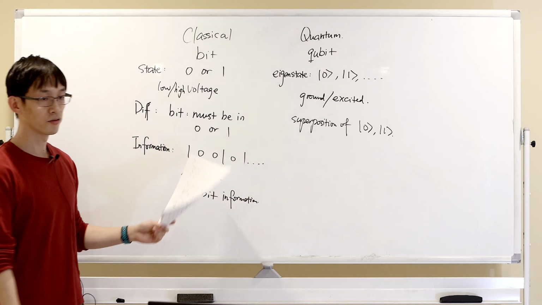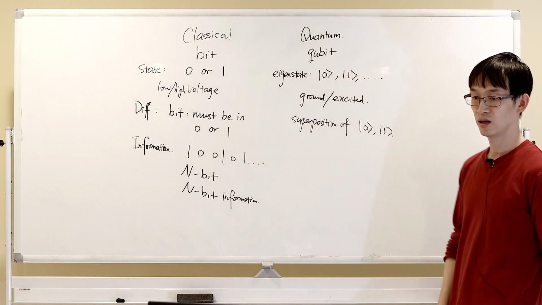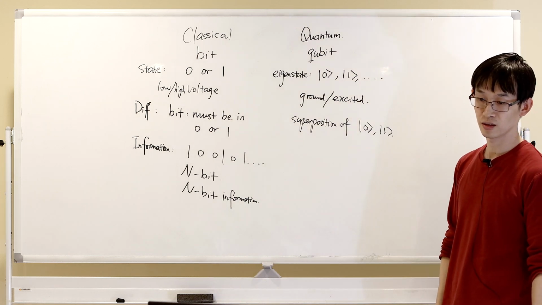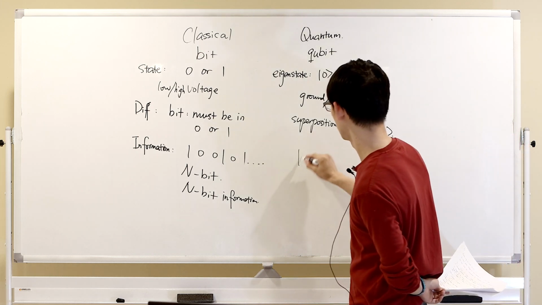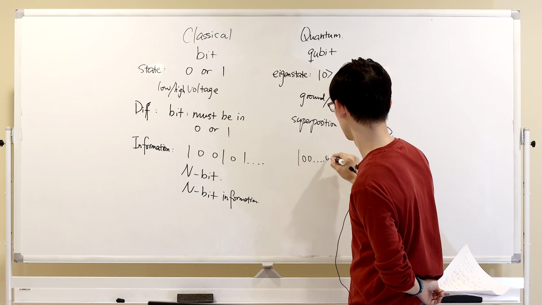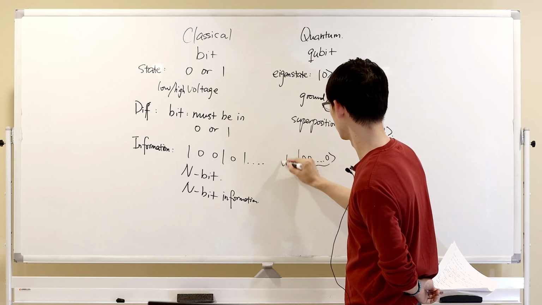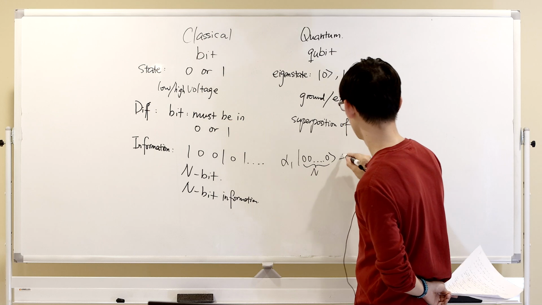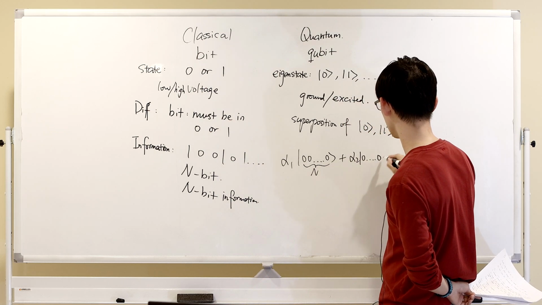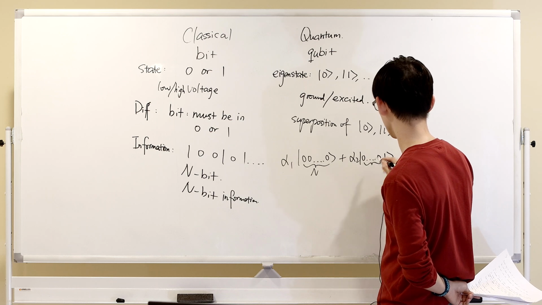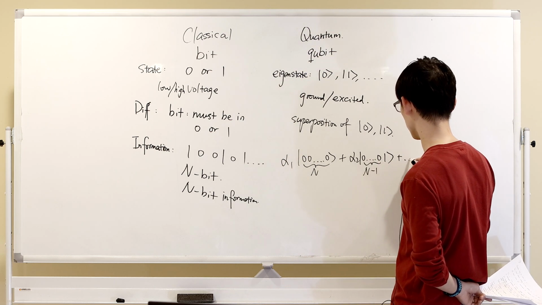And then for quantum computing, the information is in the superposition coefficients, right? So if all n qubits are in the 0 state, there's one coefficient, and then there's another coefficient where all are in 0 and the last qubit is in 1, and then keep going.